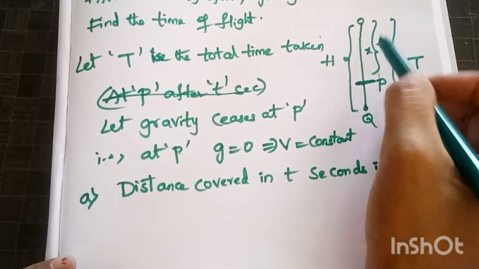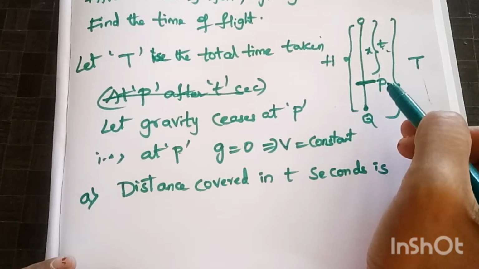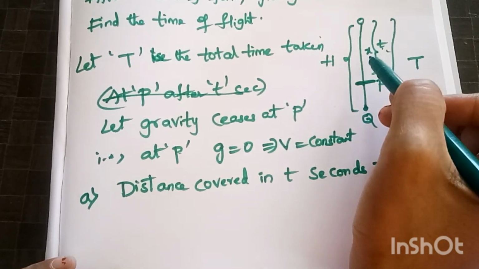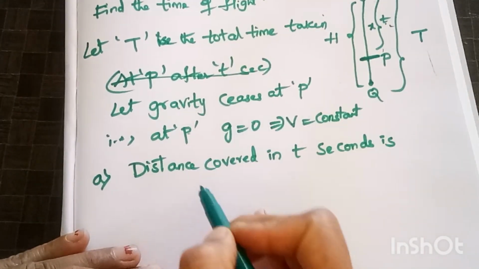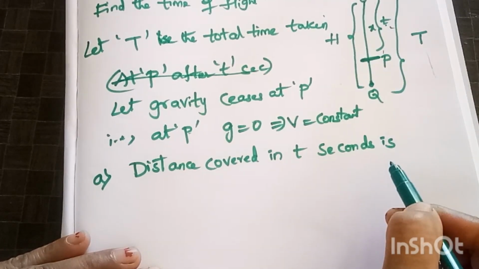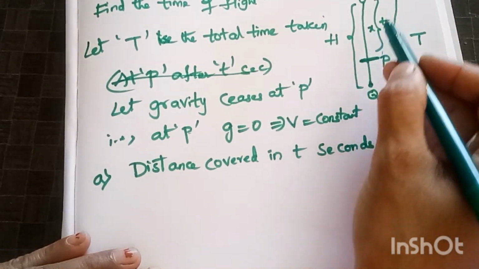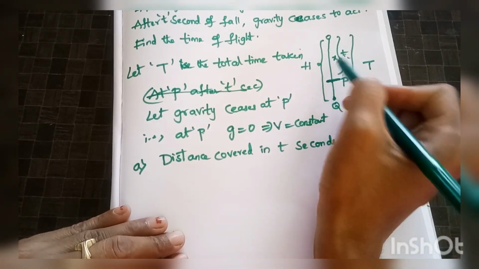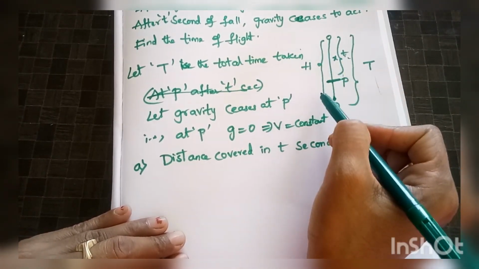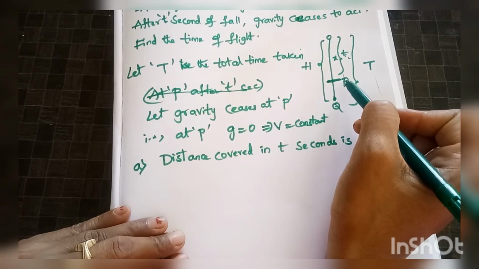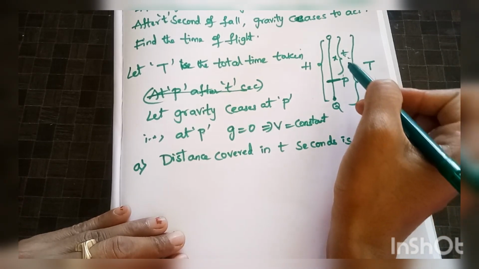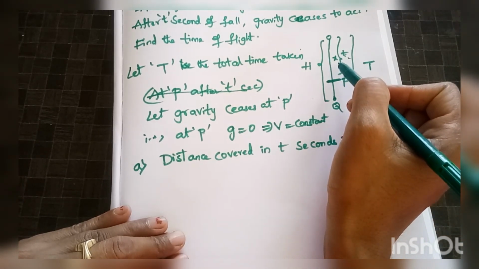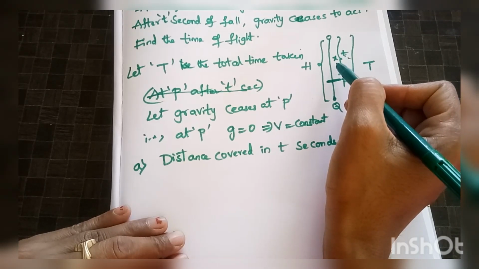Before gravity ceases, it travels a distance of x here. So the distance covered in t seconds is x. The distance traveled by the body before ceasing is x. Total is h. Before gravity ceases, the distance traveled is considered as x after t seconds.